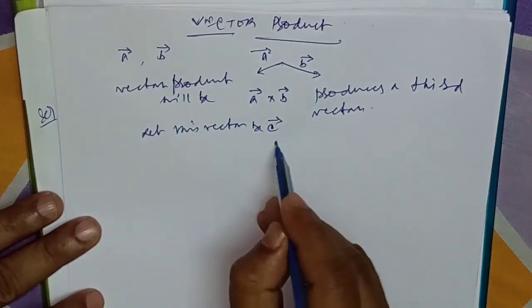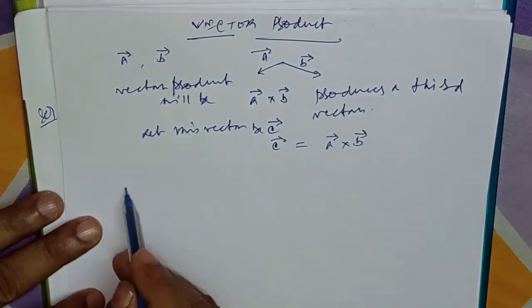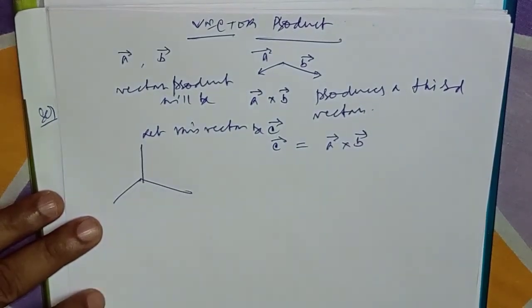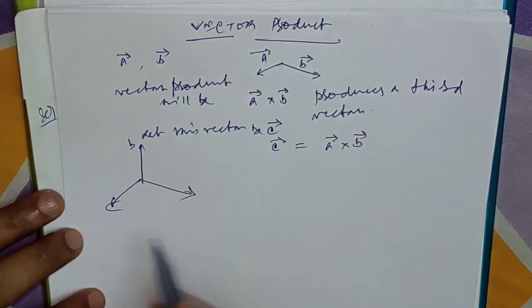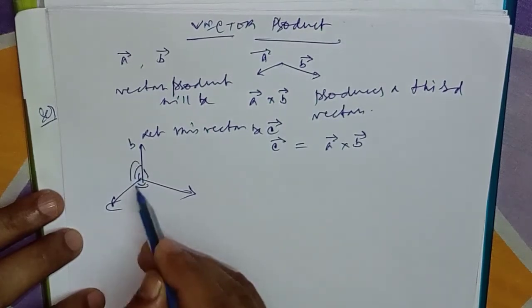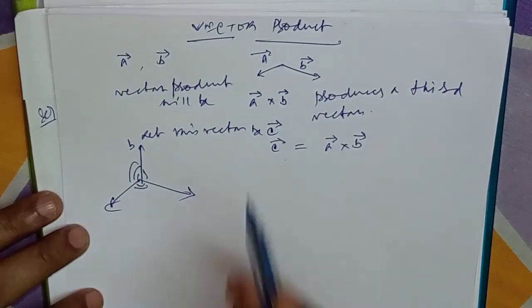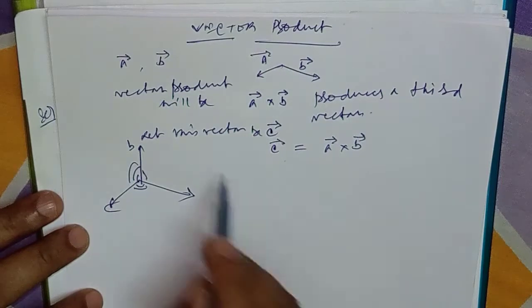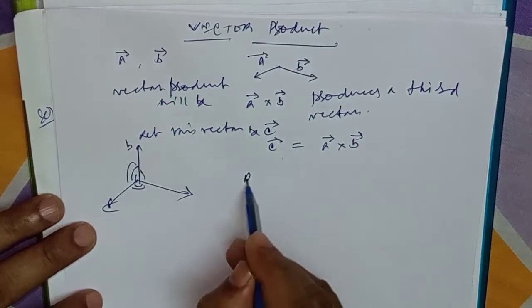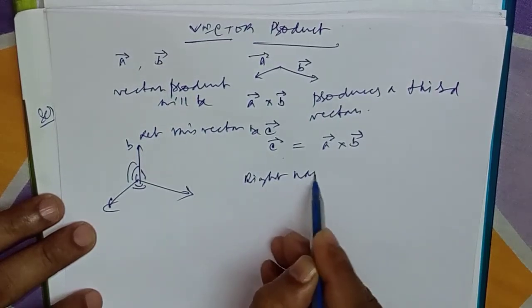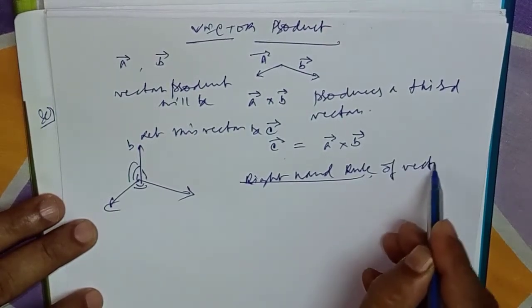So we can write the C vector will be A cross B. If this is A, this is B, this is C, there will be three vectors. From this vector product, keep it in mind, we will get the right hand rule of vectors.